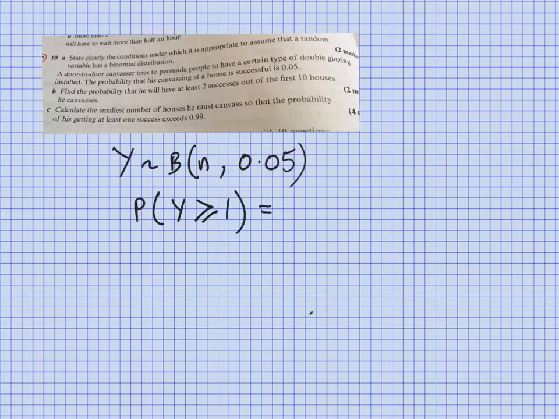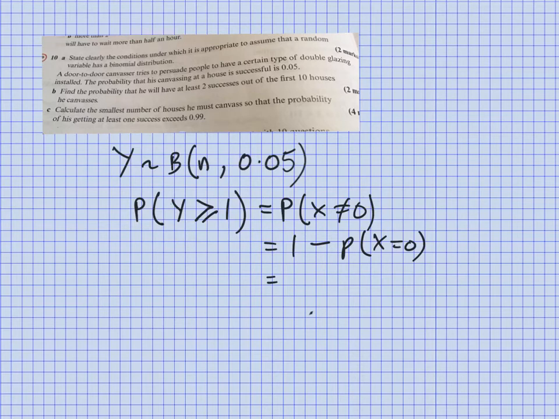Now we're trying to find the probability that y is greater than or equal to 1. Again, we can't do greater thans, so this is actually just quite simply the probability that x doesn't equal 0. Or to put that another way, it's 1 minus the probability that x equals 0. Sorry, let me just pause a second.